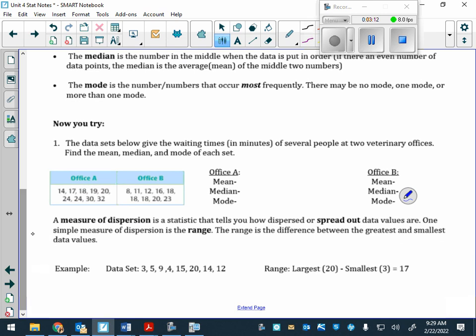Now we're going to look at the differences between Office A and Office B. I want you quickly to find the mean, median, and mode for both. For Office A, what is the mean, Charlie? 22. Zoe, what's the median? 20. The mode, Campbell?